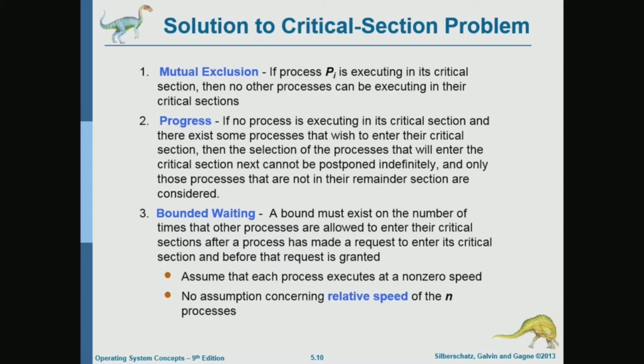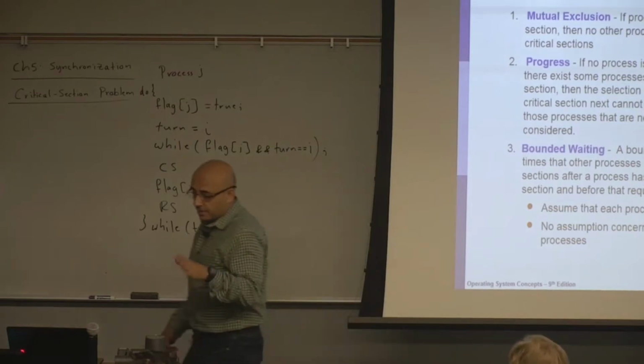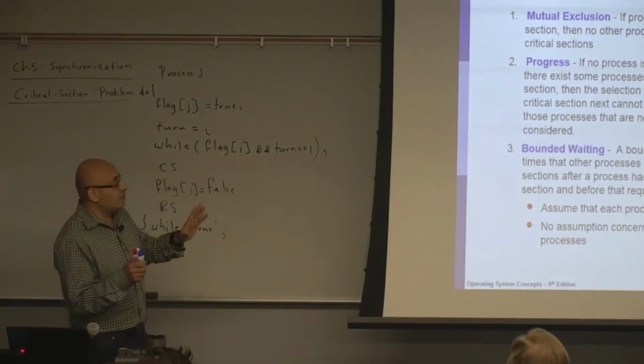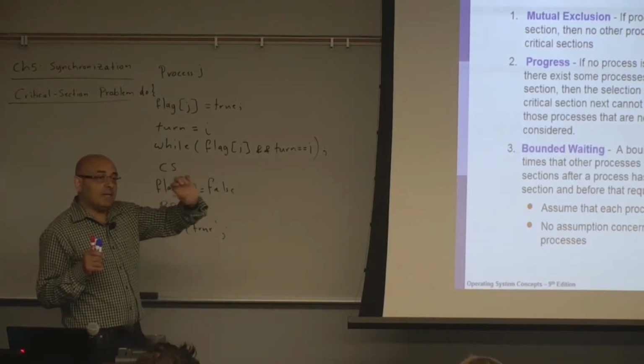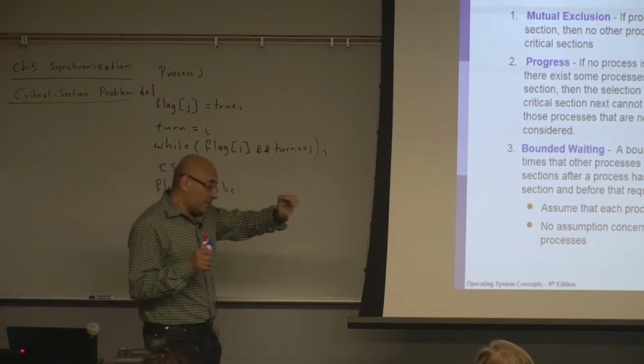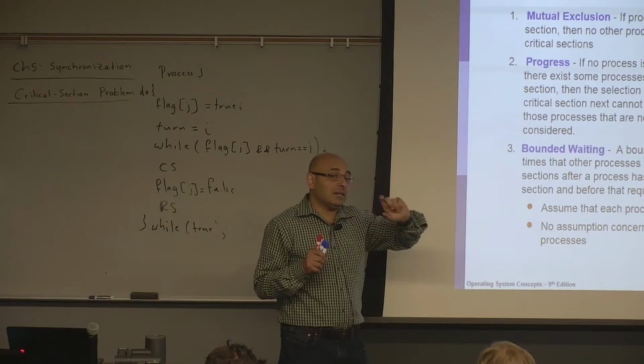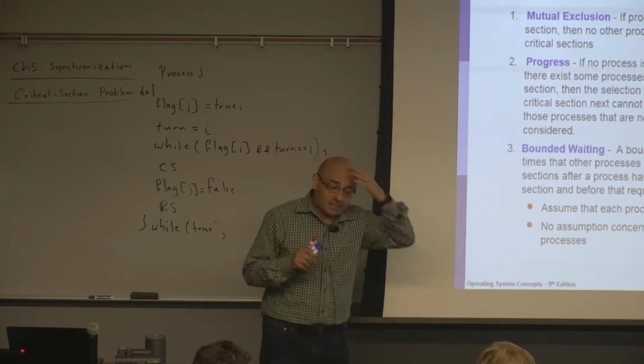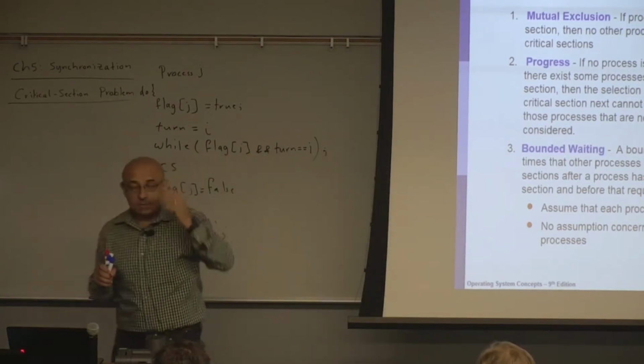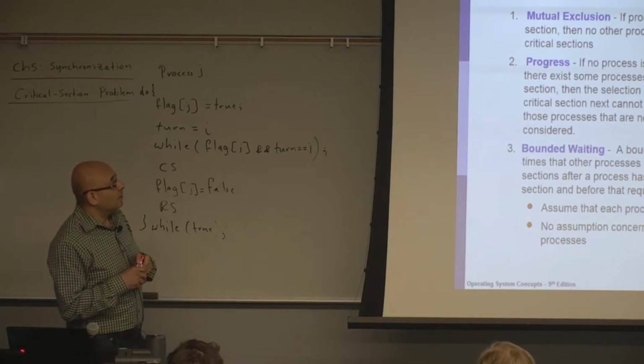to satisfy three conditions. Mutual exclusion, which is the main condition, the essential condition, which is only one process can be in a critical section at any given point in time. Of course, in a critical section that is modifying the same shared variable. Okay.